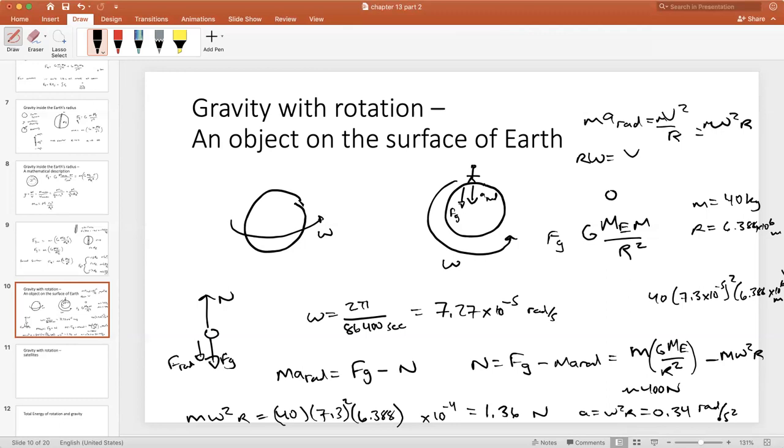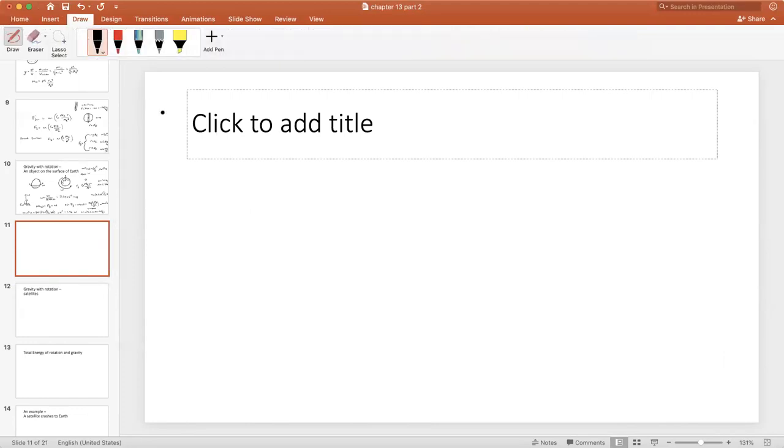So I want to talk about this a little bit more though, kind of what's going on here. New slide. As the object rotates around, as we said, we have this m a_rad, and that's actually the net force. Where we used to write ma, we're going to write m a_rad.